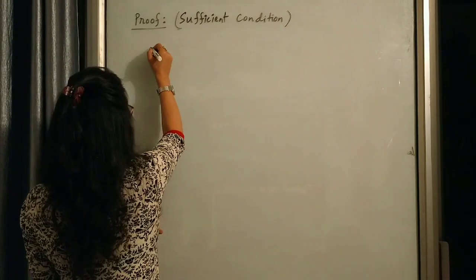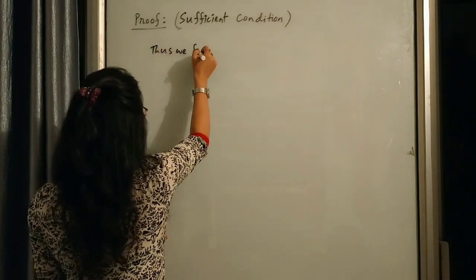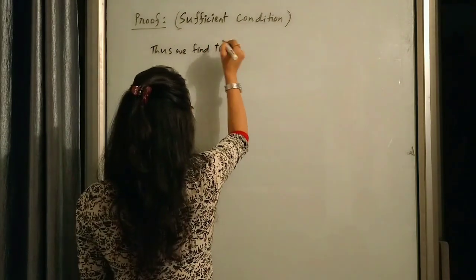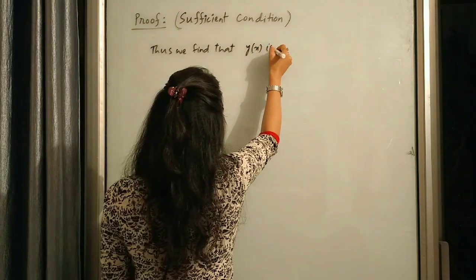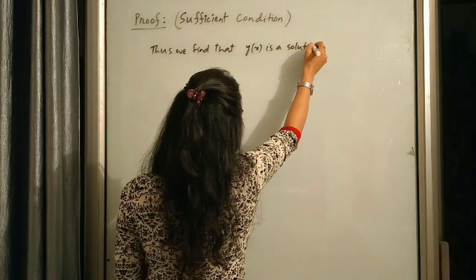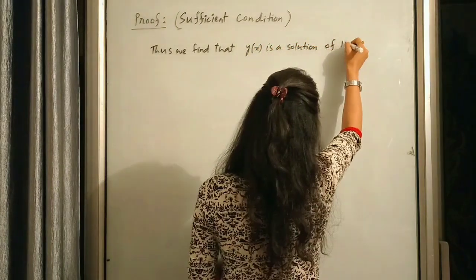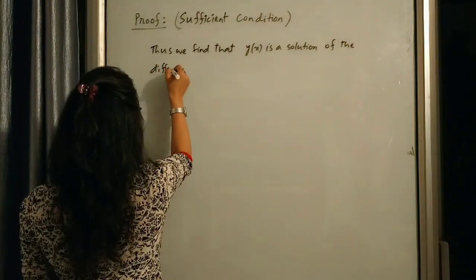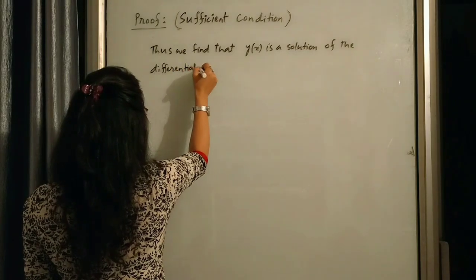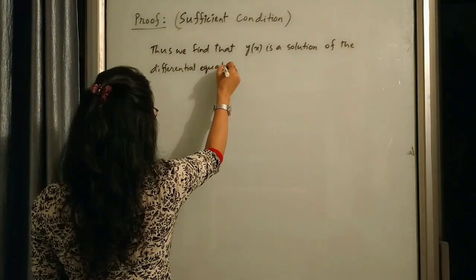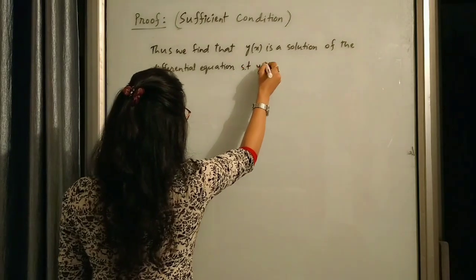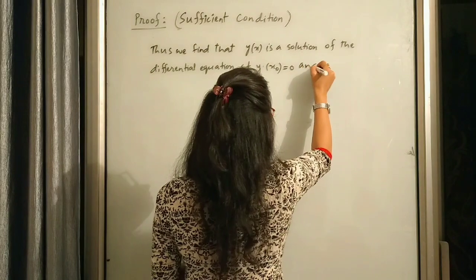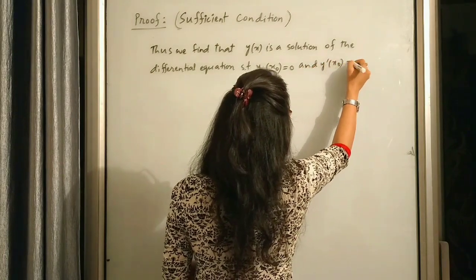Thus, we find that y(x) is a solution of the differential equation such that y(x0) is equal to 0 and y'(x0) is equal to 0.